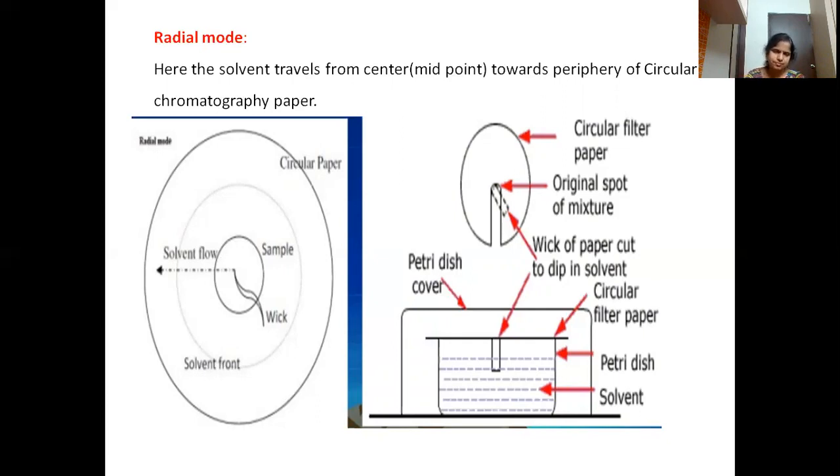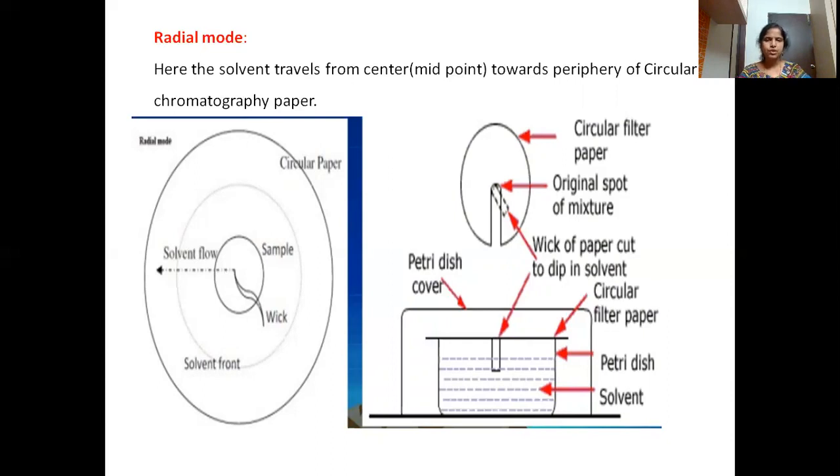Now in this case, the solvent is traveling from the midpoint, that is from the center towards the periphery of the circular chromatography paper, and it is known as radial mode. So in radial mode, the solvent is traveling from the center towards the periphery or the edge of the paper. That is why it is named radial mode.